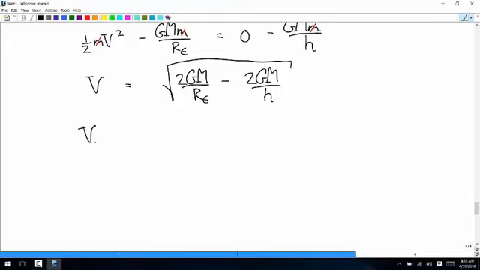And now we'll take the limit. So the escape velocity is the limit as h goes to infinity, because we don't want to ever reach that highest point where it starts coming back down.